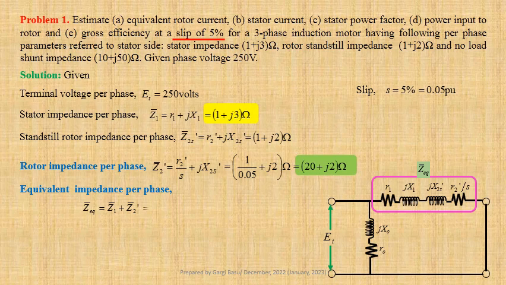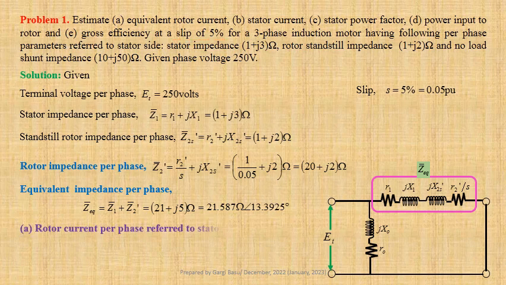Using values we get 21 plus j times 5 ohm. This may be written in polar form as 21.587 ohm at an angle 13.3925 degree. Expression for rotor current per phase referred to stator side I2 dash equals ET divided by ZEQ.